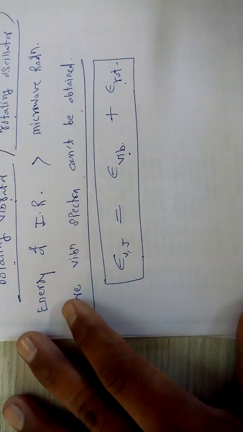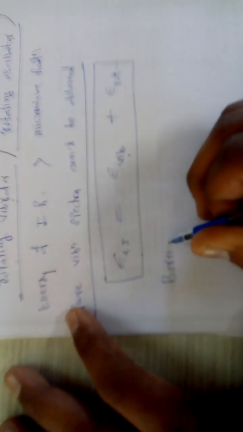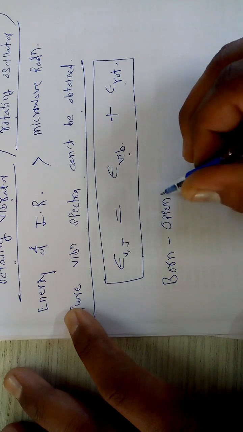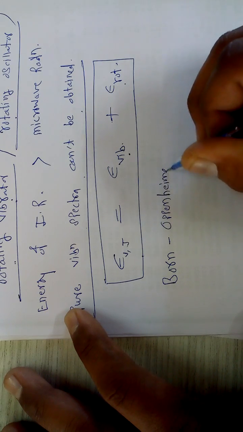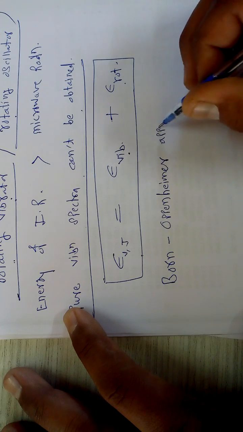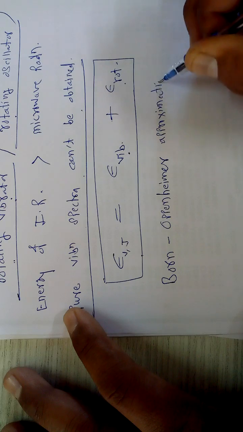This is called the Born-Oppenheimer approximation.